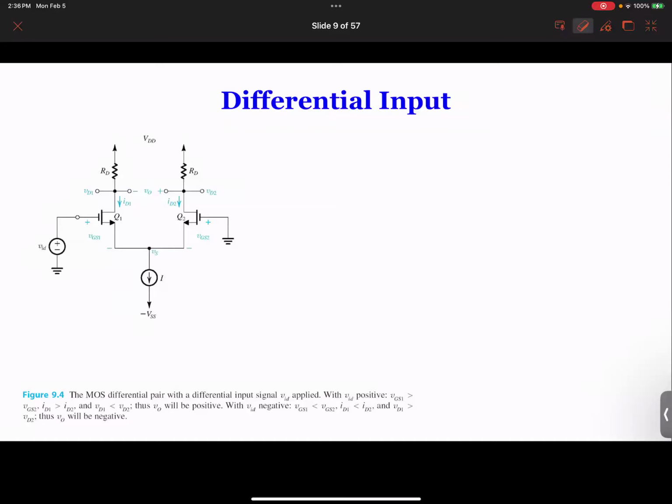We can draw the small signal equivalent circuit so that we can analyze the gain. In this case, let's simply draw the equivalent circuit before we have a couple more slides to analyze. So the equivalent circuit of the left hand is something like this. The input is at the gate.